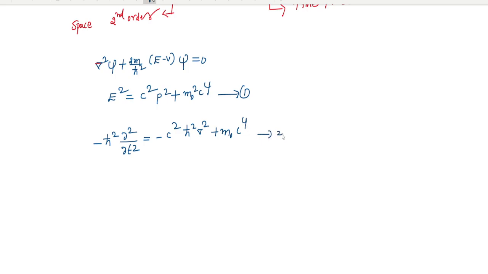This is equation number 2. We know the energy operator and momentum operator. The momentum operator is p equal to minus i h cross d by dx, or dou by dou x. Energy equals i h cross d by dt. Just replace these operators here, and you will get this equation.